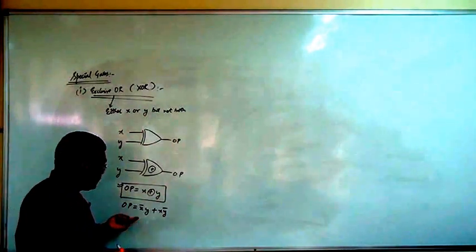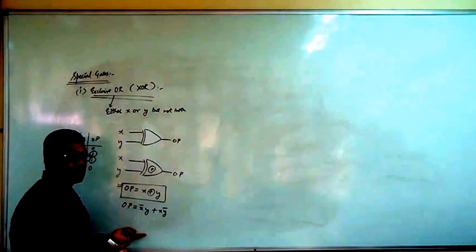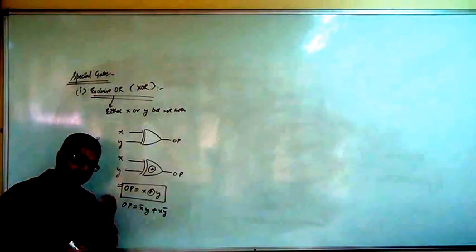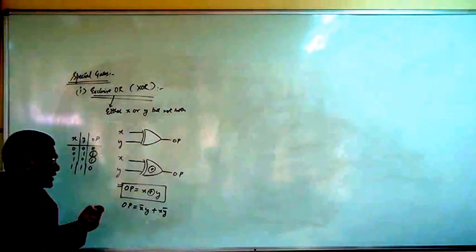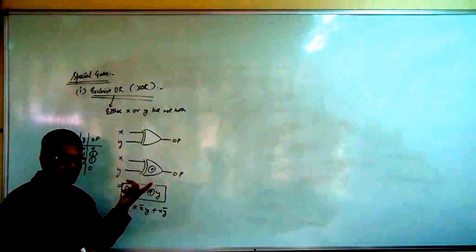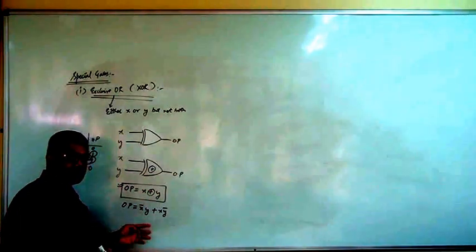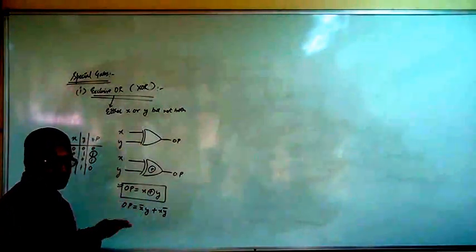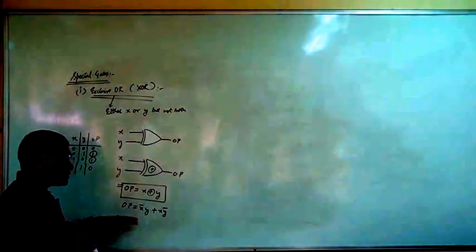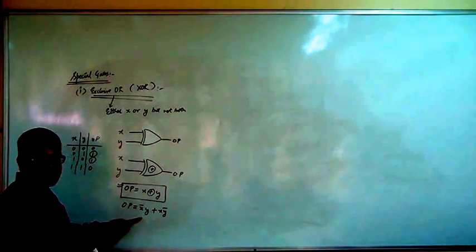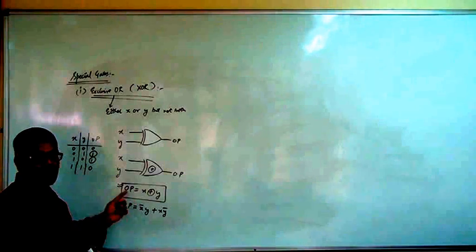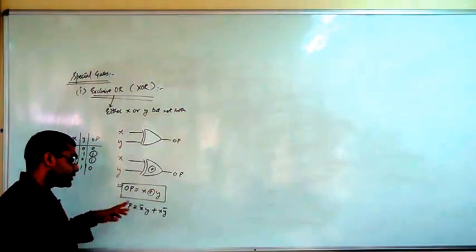So 0 is complement, 1 is uncomplement. This is called the SOP form. We'll return to this in Boolean algebra. In SOP form, 0 is complement and 1 is uncomplement, and in POS it is the other way around.